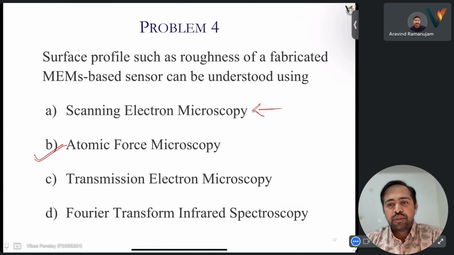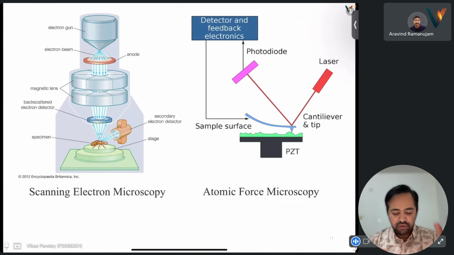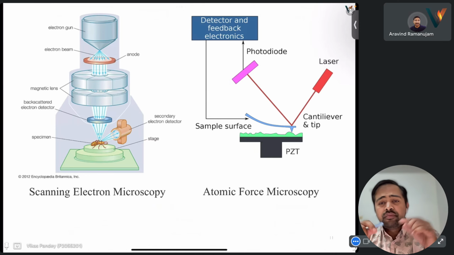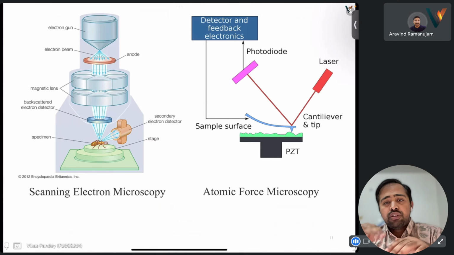If we see the working principle, on the left-hand side is the scanning electron microscopy, in which electrons are being used. Whereas in atomic force microscopy, we are using a tip that goes above a surface.